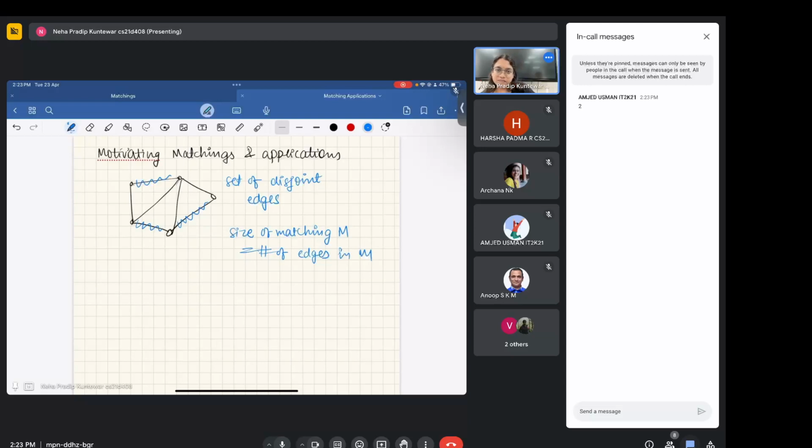Yeah, so you're right, Amjad. In this case, the maximum size of a matching is 2.